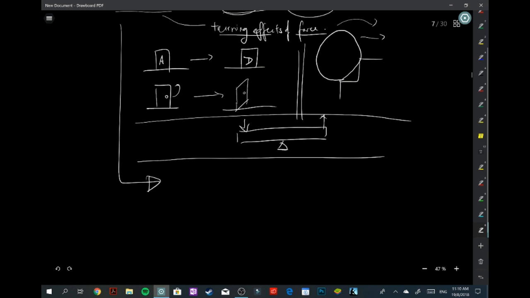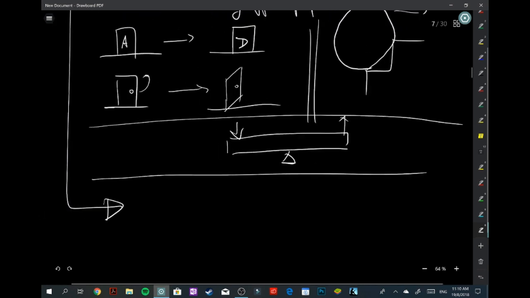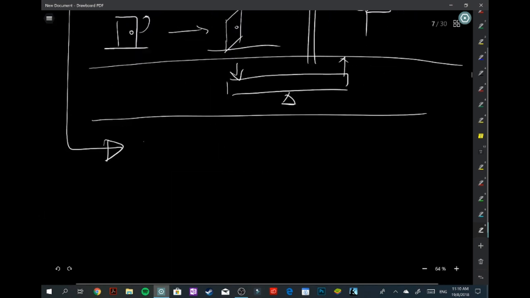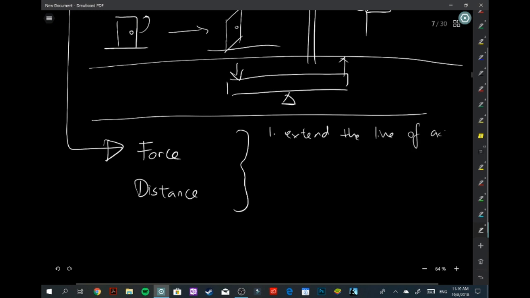First thing, what is the force we are looking at, and what is the distance that we're looking at. Now whenever we do moments, there are three things that we must know. The first one, extend the line of action infinitely.